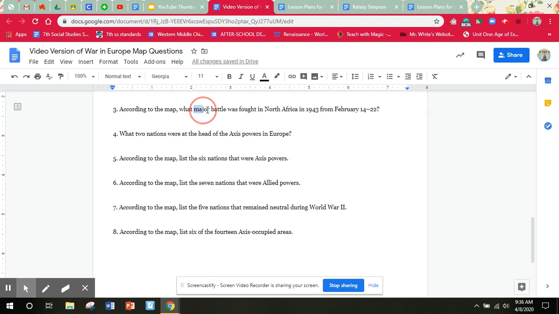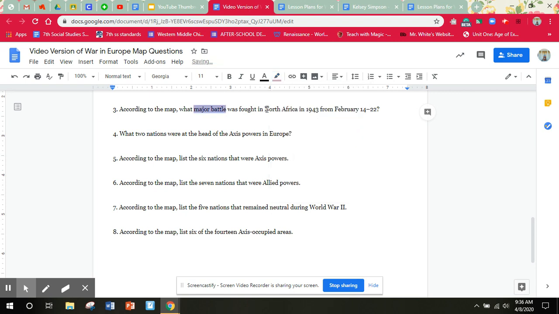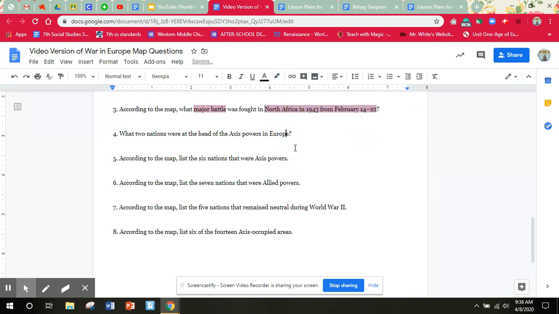So major battle in North Africa, February 14th through the 22nd of 1943. What two nations were at the head of the Axis powers in Europe? So we're looking for two nations who led the Axis powers.